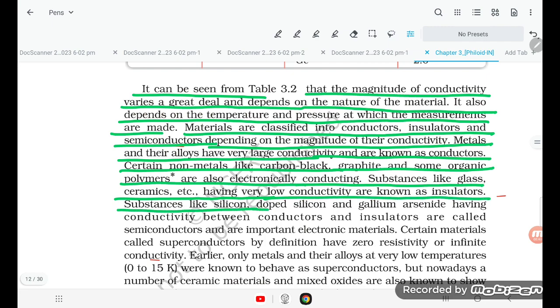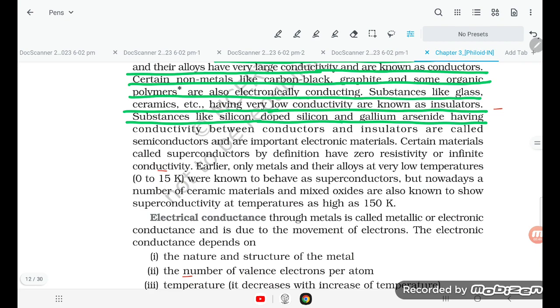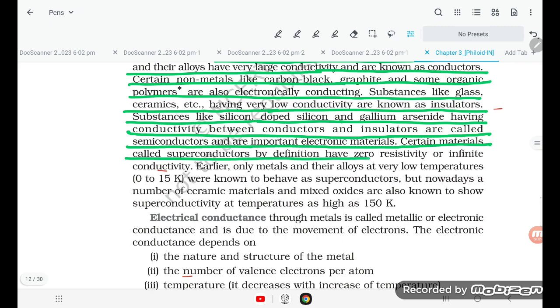Substances like silicon, doped silicon and gallium arsenide, having conductivity between conductors and insulators, are called semiconductors and are important electronic materials. Certain materials called superconductors, by definition, have zero resistivity or infinite conductivity.